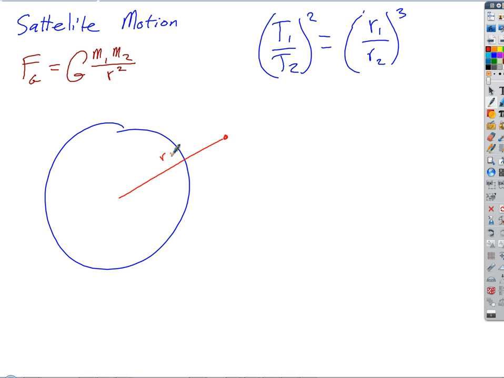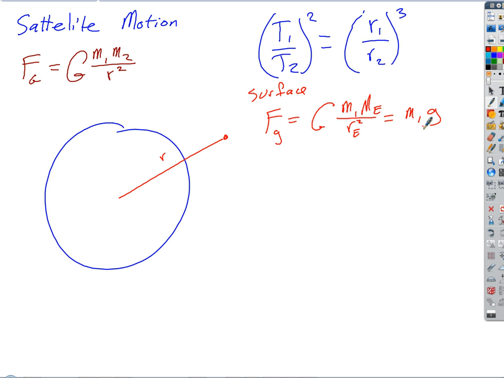So we know that the force of gravity on the surface of the Earth equals G times m1 times the mass of the Earth, call it m sub e, divided by the radius of the Earth squared. But it also just equals m1 times the pseudo constant, lowercase g, right?